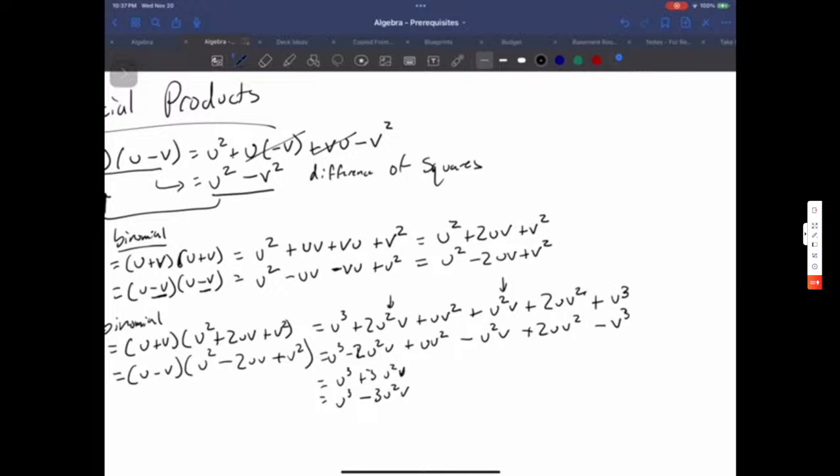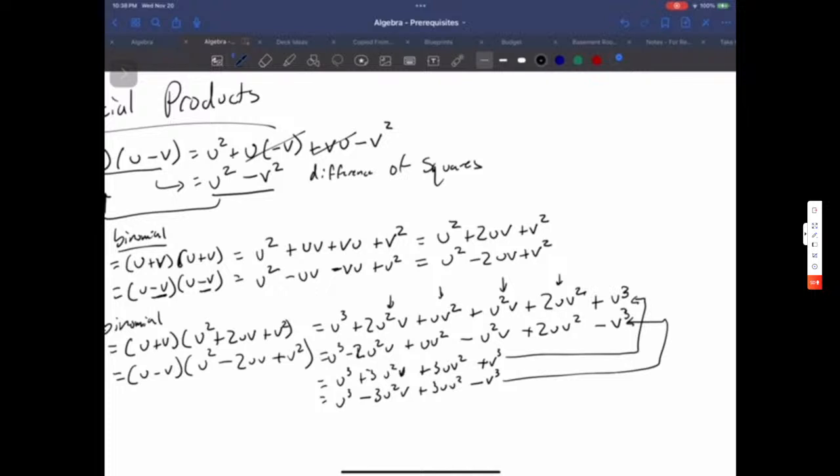And then these terms, uv squared and uv squared, will add up. So you get, in both cases, plus 3uv squared. And then the last term switches signs, so you have plus v cubed or minus v cubed. And those correspond to those equations.